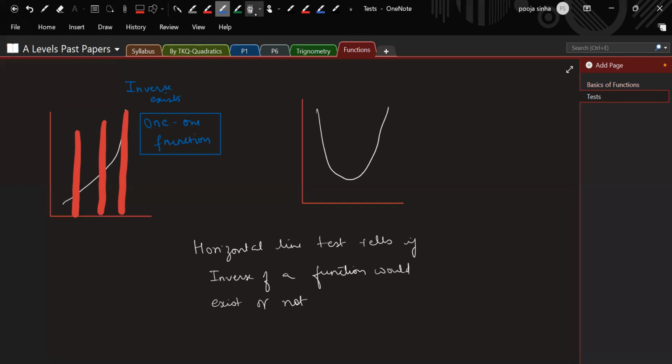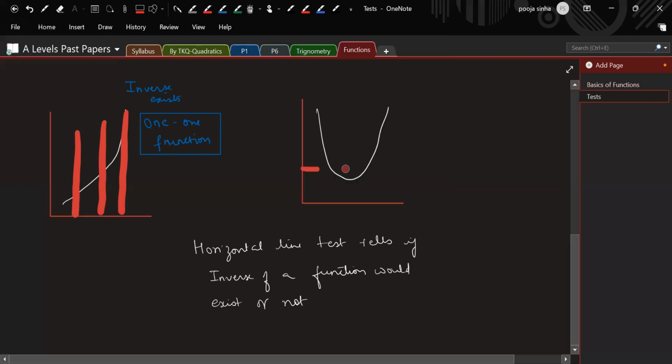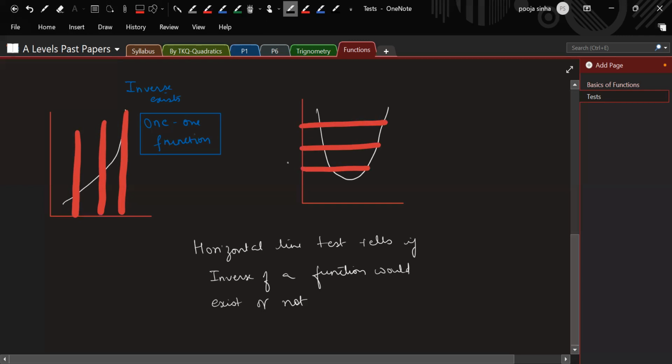Now, in this case, if I do a horizontal line test, how many times is it cutting? It's cutting about two times. So what kind of function is it? It's a many-to-one function. What is many here?